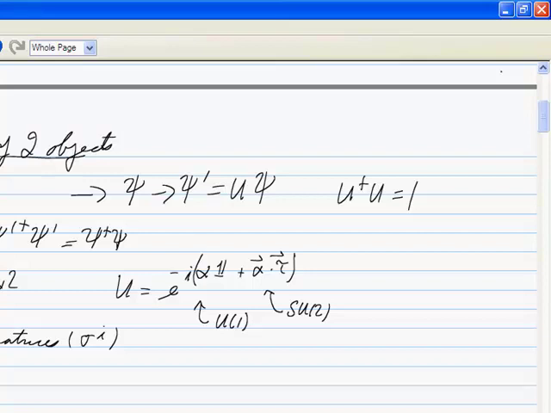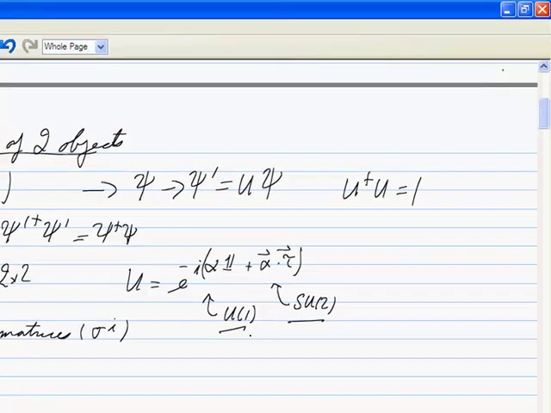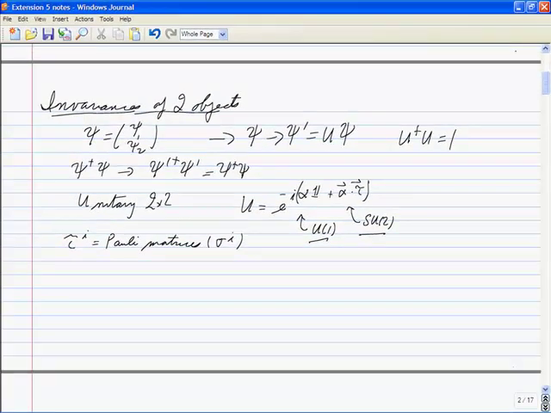So they're traceless 2x2s. This then separates out a U(1) invariance and an SU(2) invariance, and so we can have either type of invariance, but the SU(2) can be distinct from the U(1). They commute, so there's no reason that you're forced to keep them together.